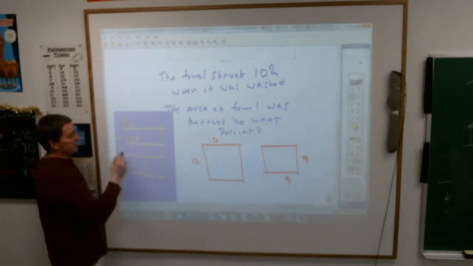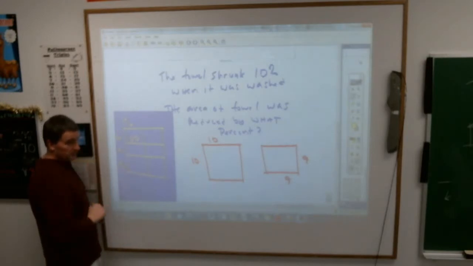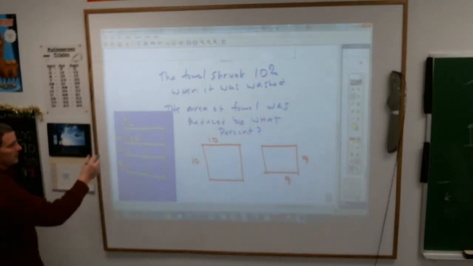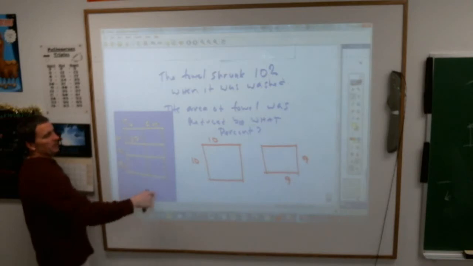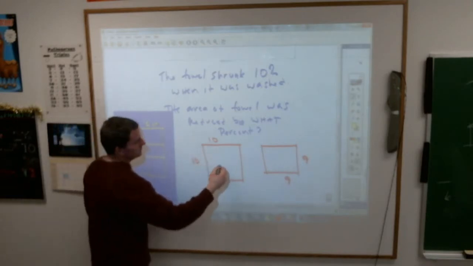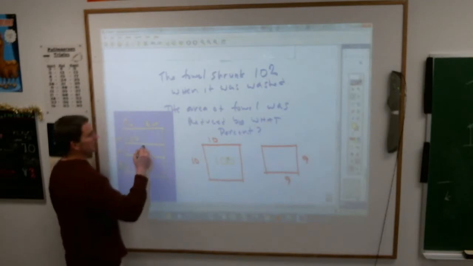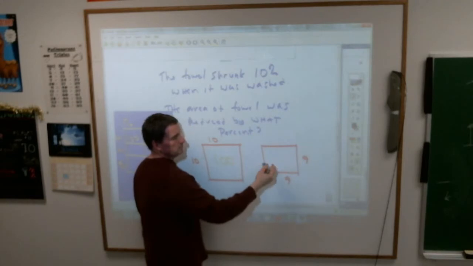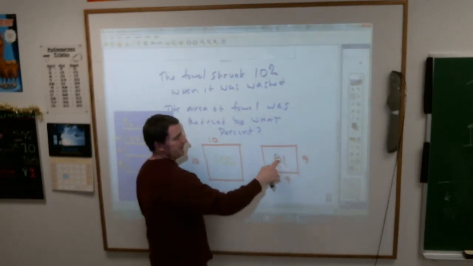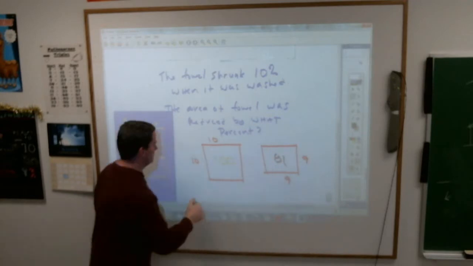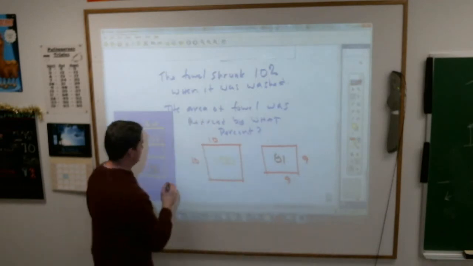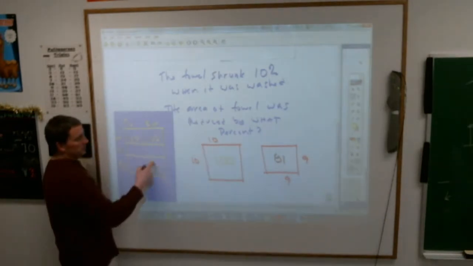You then reduce it by something, and you get the final one, correct? Remember that whole mark up, mark down thing? Well, what was the area of the original square? 100. What was my new one? Is that my final one, or is that how much it was reduced by? That's my final one. So by how much was it reduced?